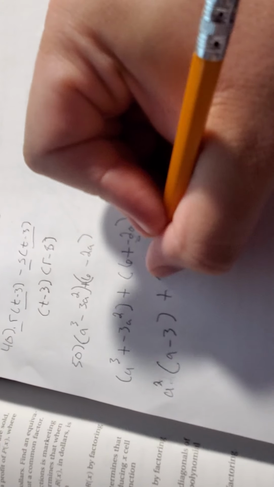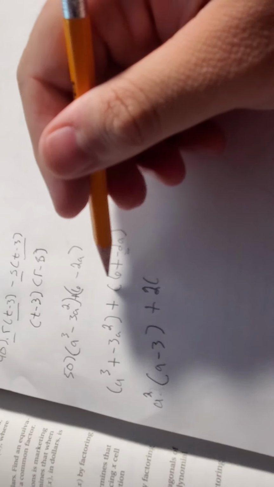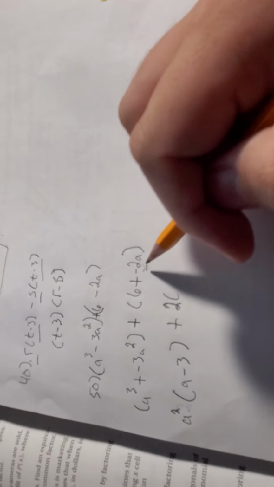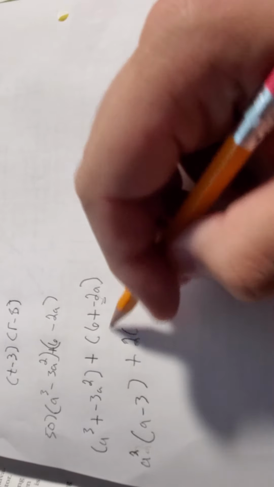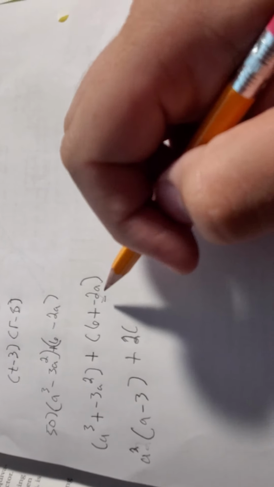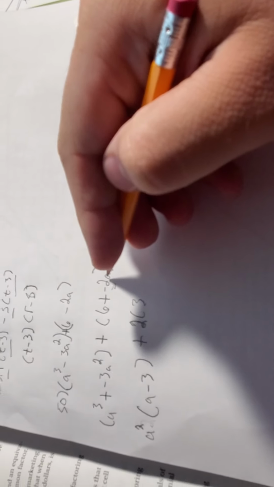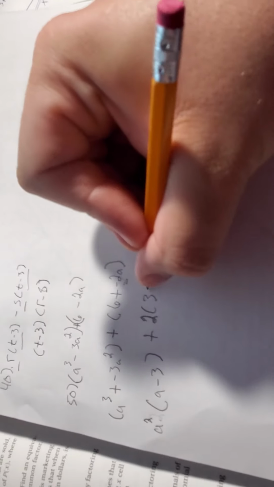So we're going to put 2 as the first part of our factor, so it's going to be 2 times. Now we need to see what could be multiplied into 6 and negative 2a. Going by the way it's written, 2 times 3 is 6, so it'd be 3, and then negative a, because 2 times negative a would be negative 2a.